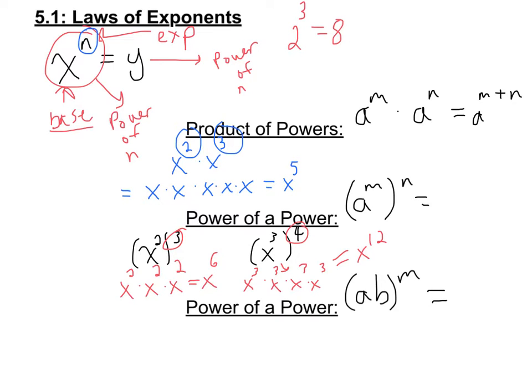So looking at those two examples, you might see the pattern emerge, and you can look at more if needed, but 2 times 3 gave us our new exponent of 6, and 3 times 4 gave us our new exponent of 12. So, therefore, our answer will be a to the m times n. Or in other words, you take the product of the exponents. That's the law.